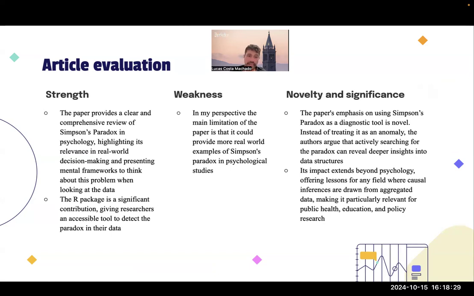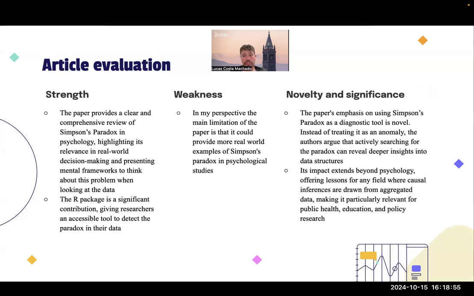It also provided me with a clear, comprehensive review of Simpson's paradox, so I could go even deeper than what we discussed in class. I believe the main weakness is that I was expecting more real-world examples in psychological studies. We had some, but I was expecting to see more.